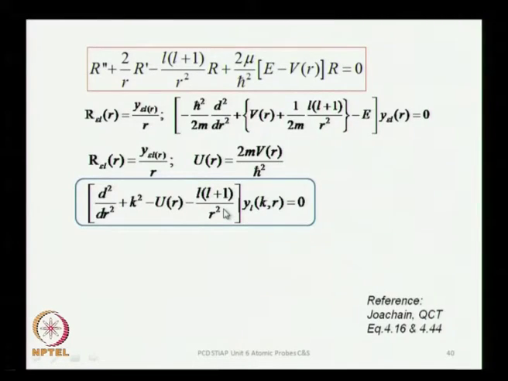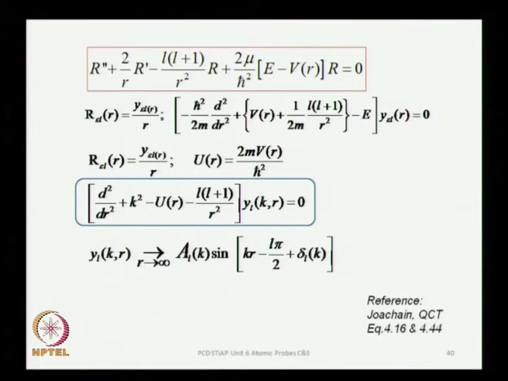This is the same solution as you had earlier without the potential. We have already solved this problem exactly for zero potential, right. And the only thing that changes when you have a potential, and the conditions under which this works, are some physical conditions on the potential which I will be discussing in the next class, on the rate at which the potential must fall as r tends to infinity.